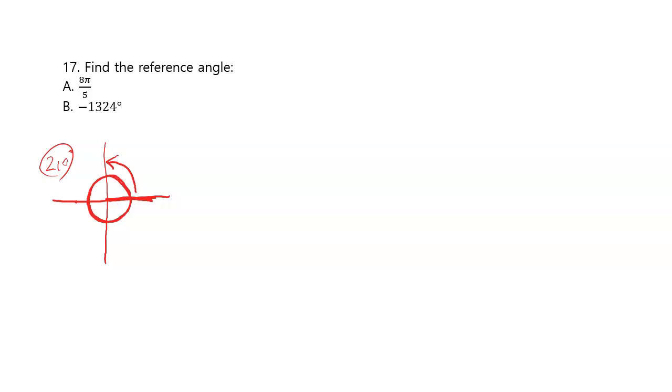If you're over here, that's 180 plus 90, so this would be 270, right? But 270 is beyond 210, so it probably stops somewhere here. So this is the angle that 210 degrees talks about. And what is the reference angle? The reference angle is the closest angle to the x-axis. That's what it means. So it's this angle here that's called the reference angle.